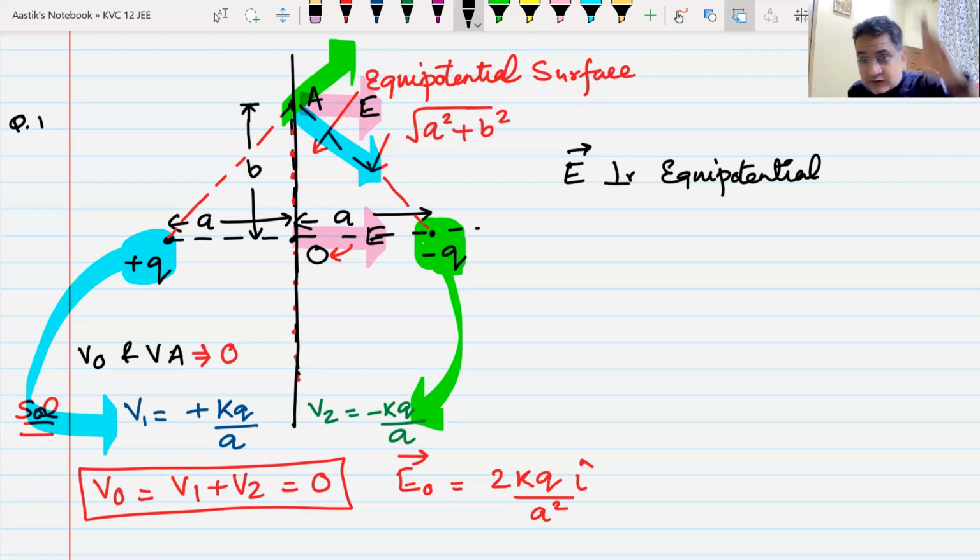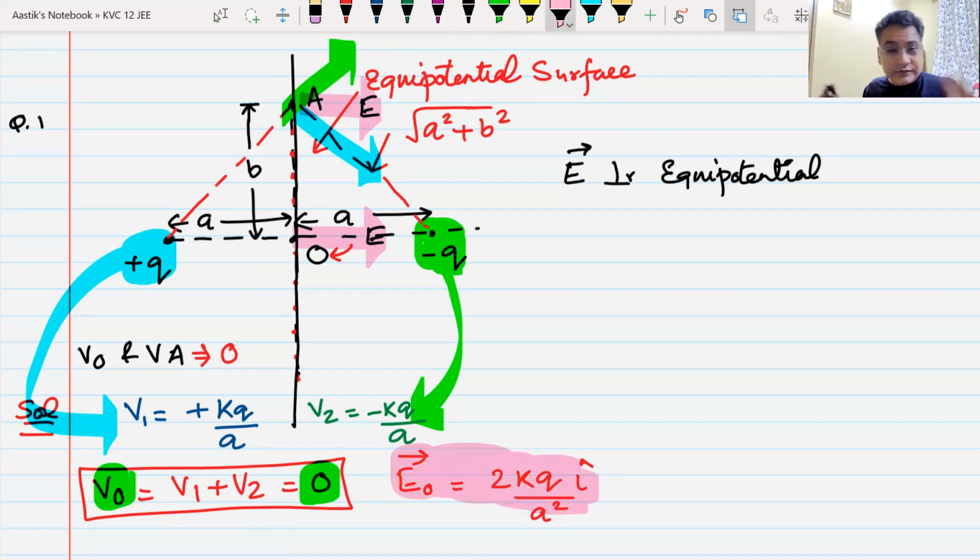So that is what we have learned, what is an equipotential surface and what is the relation between electric field direction and equipotential surface. One more thing you have to understand: the potential at point O is 0, but electric field is definitely not 0.